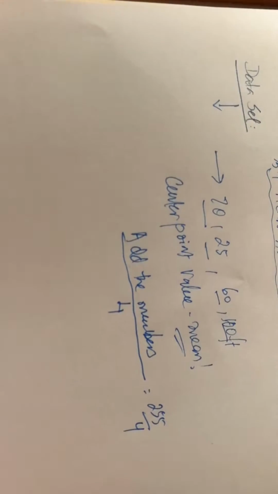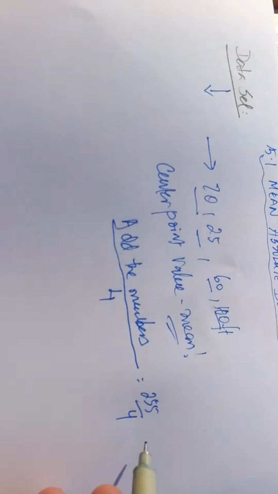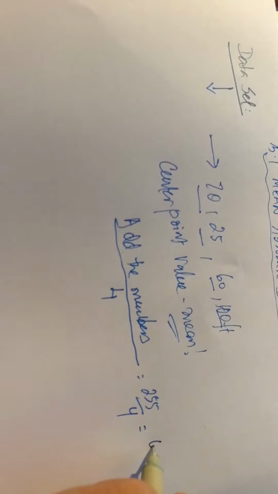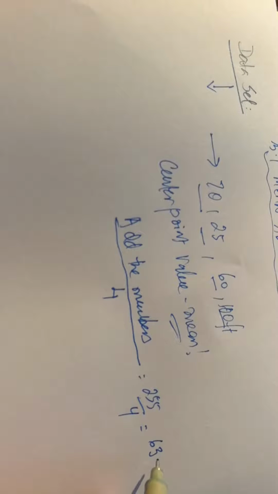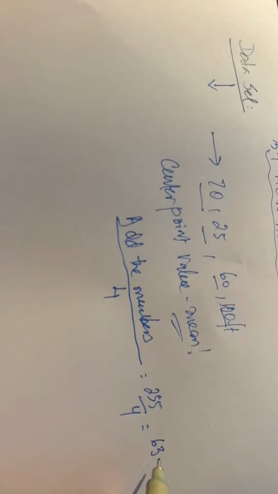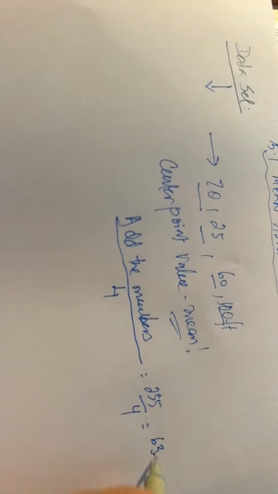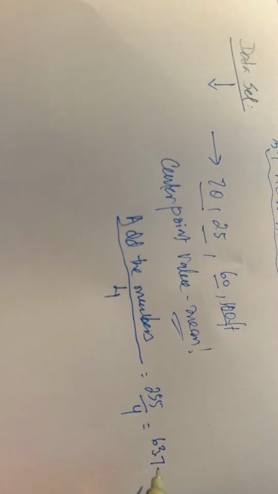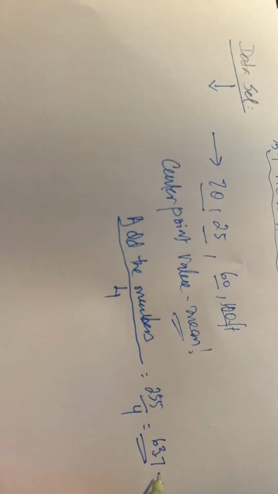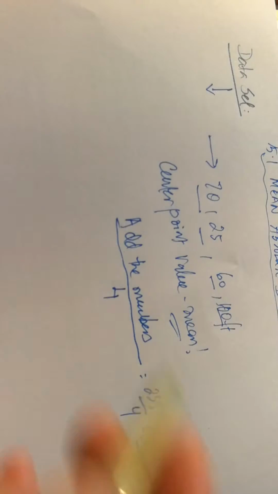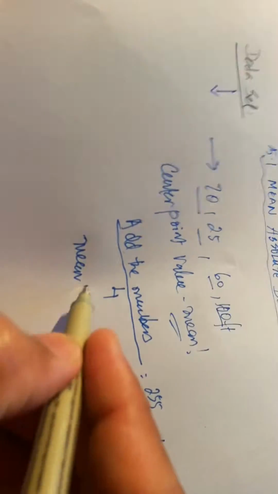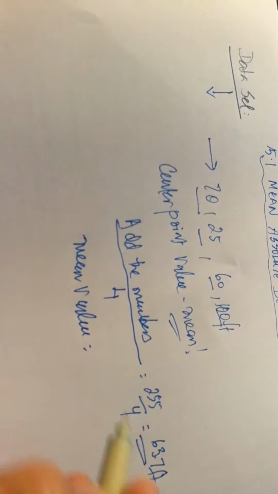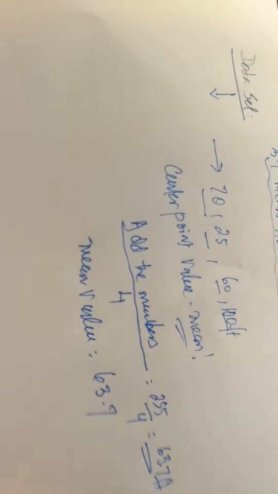Now, what will that come to? 4 sixes are 24, 15, 4 threes are 12, 30, 7s are 28. So 63.7 feet is the mean. So the mean value, which is the center point value, is equal to 63.7.